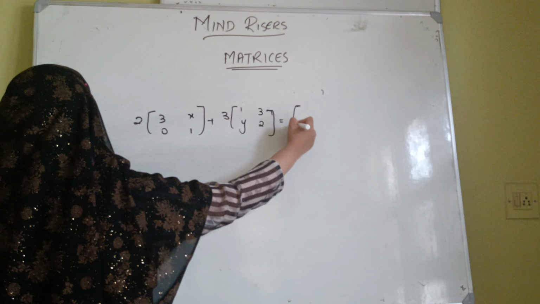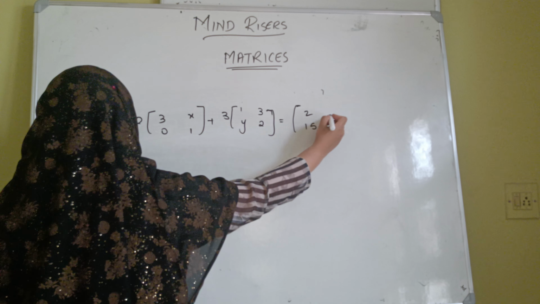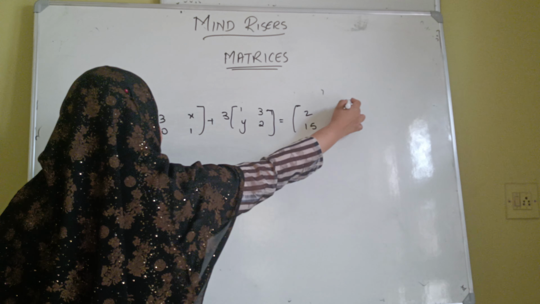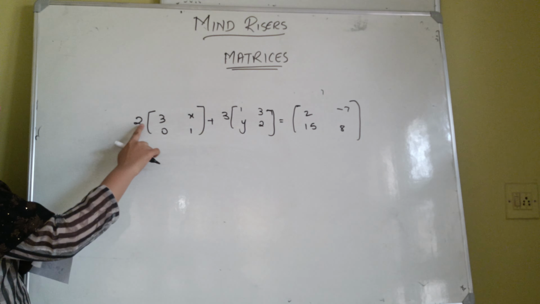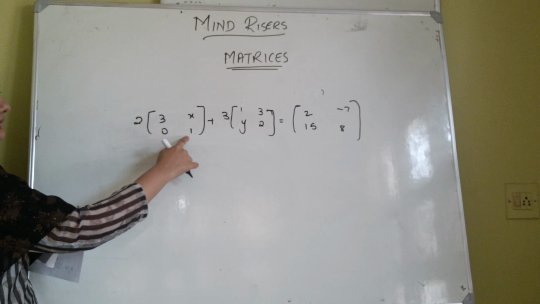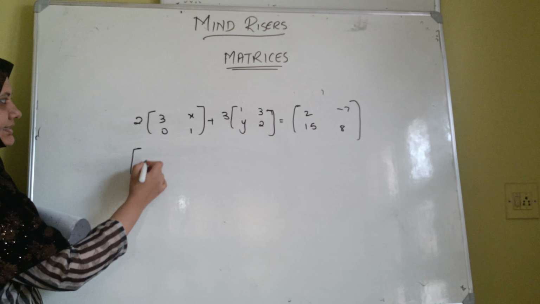This is equal to, given as Z, 15, minus 7 and 8. Okay, so whenever there is a number outside a matrix, we need to multiply every element of that matrix with that same number.